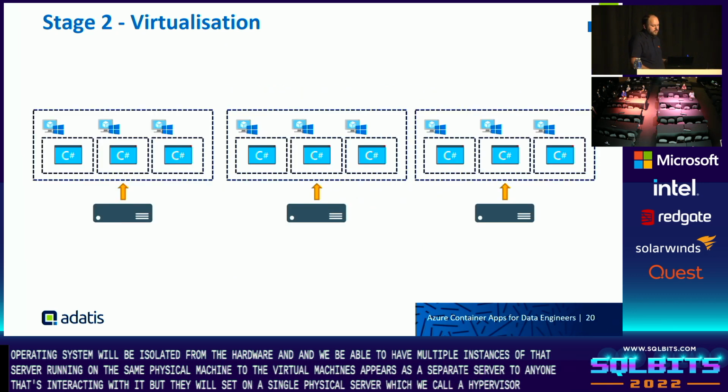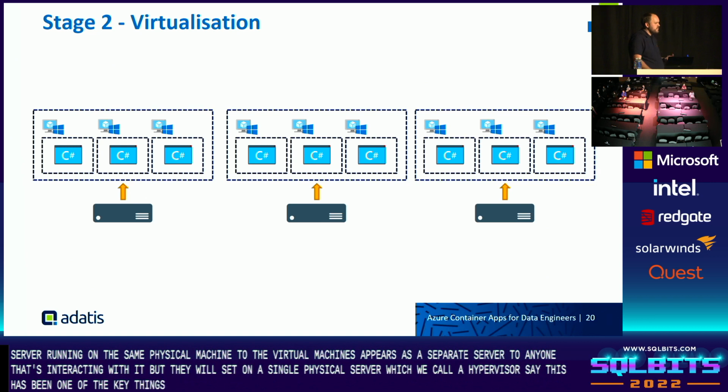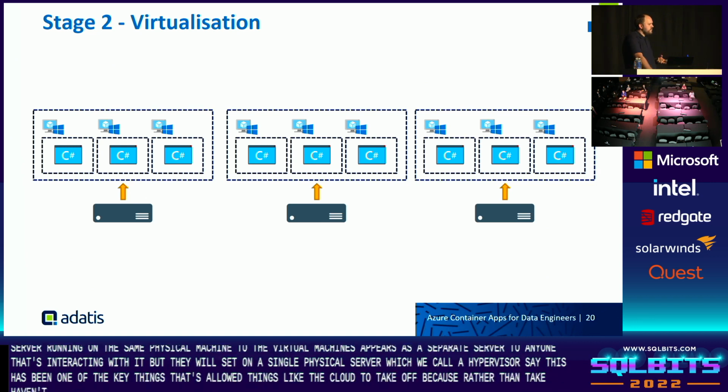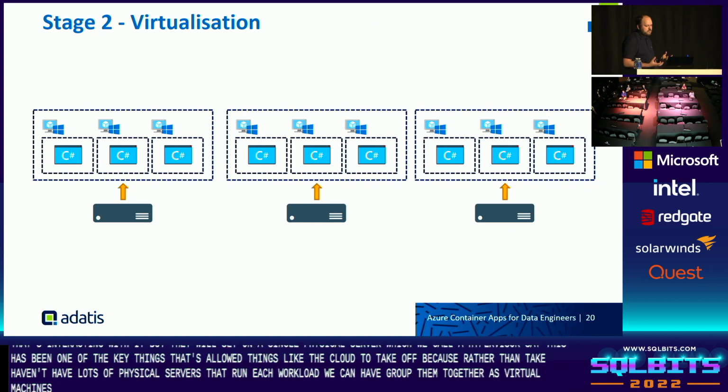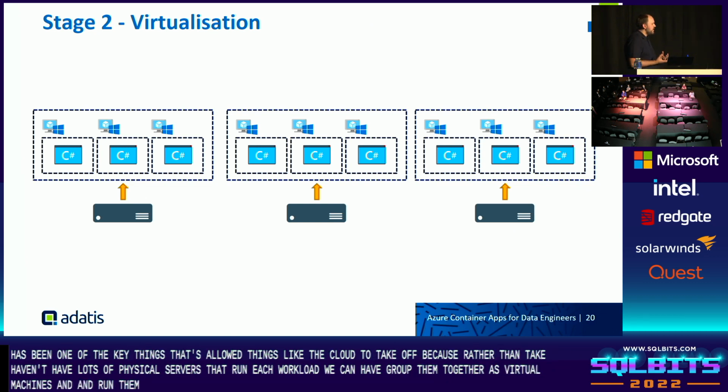This has been one of the key things that's allowed things like the cloud to take off, because rather than having to have lots of physical servers that run each workload, we can now group them together as virtual machines and run multiple applications on a single physical machine.